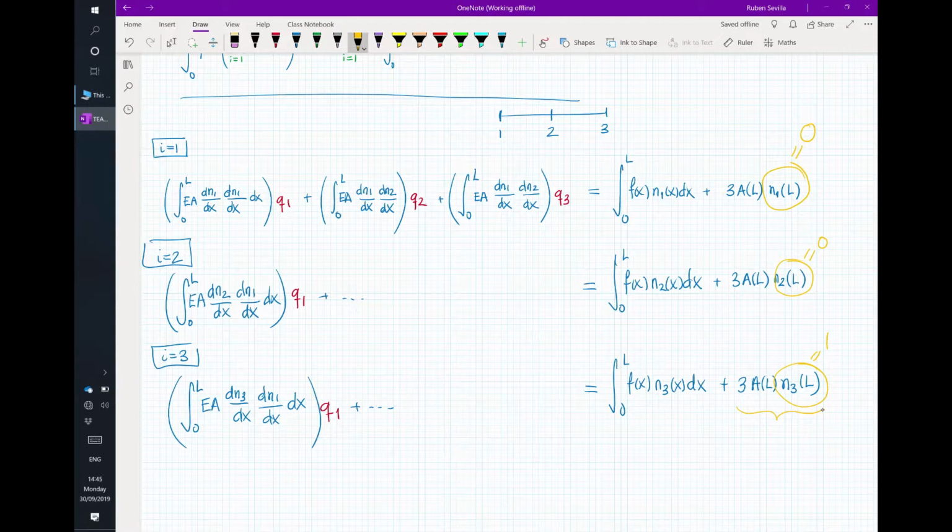Right-hand side, let me go here first. This vector here, the vector containing the information of the external forces, is this vector here. Okay? So in the slide, in the handwritten notes, is this part here in gray. Okay? This part here, this part here. Is integral of f multiplied by all the different shape functions.